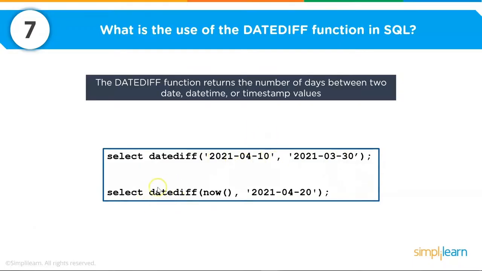And similarly, here is another example of using the dateDiff function. I want to calculate the total number of days that are present between today's date, so I am using the now function, and between 20th of April 2021. So let's do this demo on the workbench.